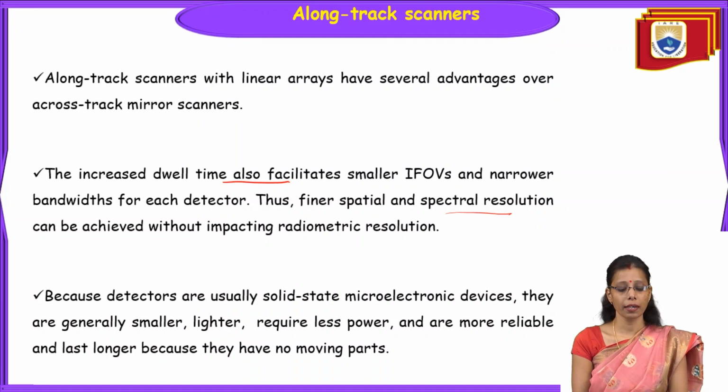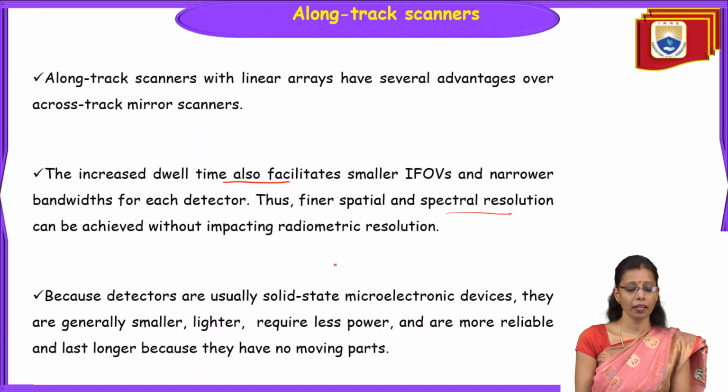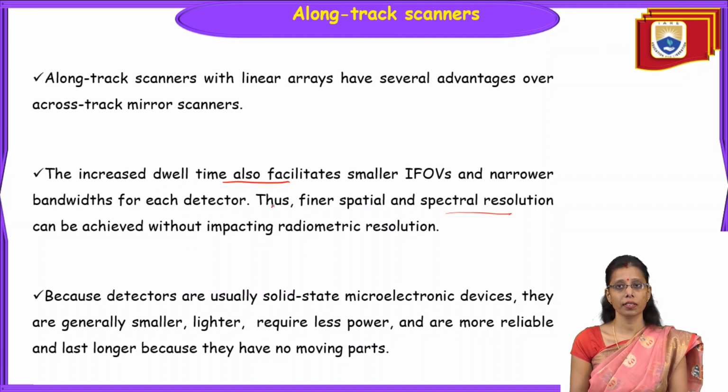So the advantage of along the track over across the track is that it increases the dwell time, and it also facilitates smaller IFOVs and narrower bandwidths for each detector. So finer spatial and spectral resolution can be achieved by this kind of scanner, and it will not impact the radiometric resolution.